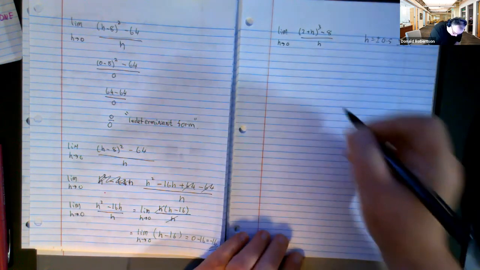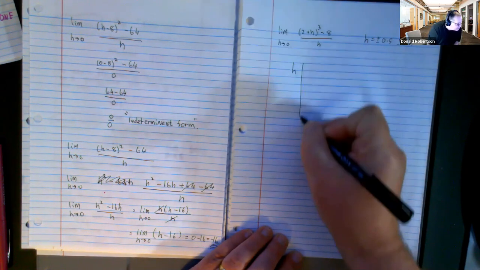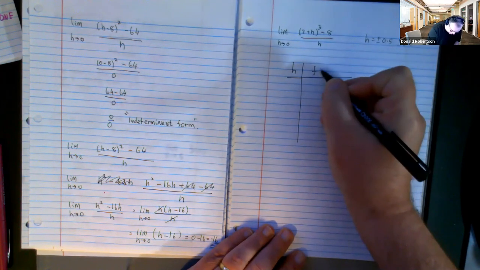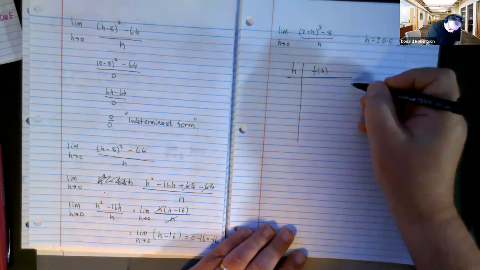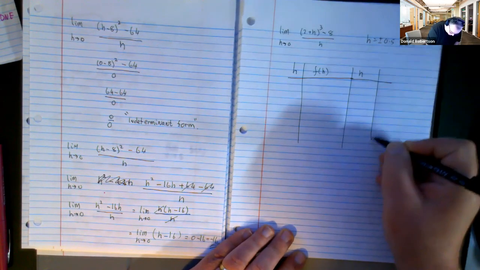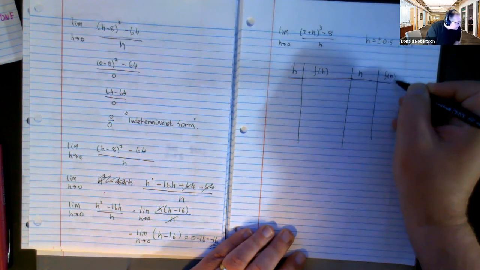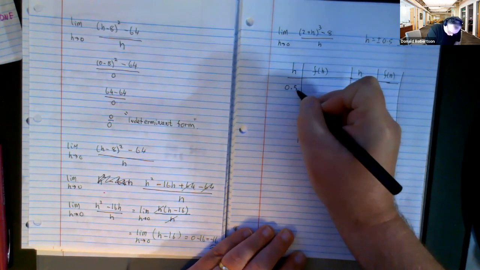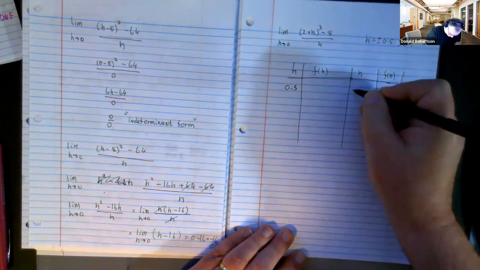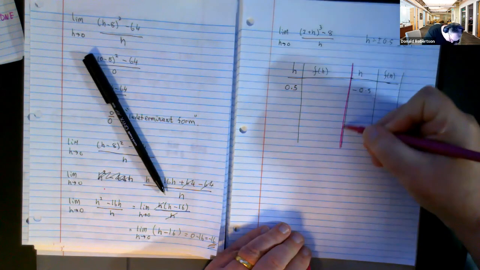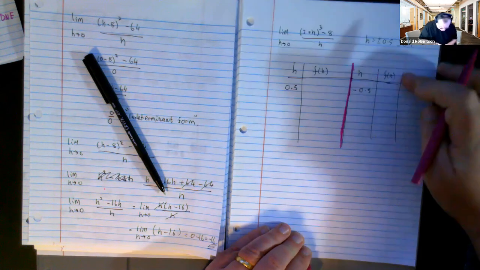Then they have a table where they do h and f of h, and then another bit next to it with h and f of h. The first one has 0.5 in it, and the other one has negative 0.5 in it. I'm going to put a colored borderline because these two are different from these two.